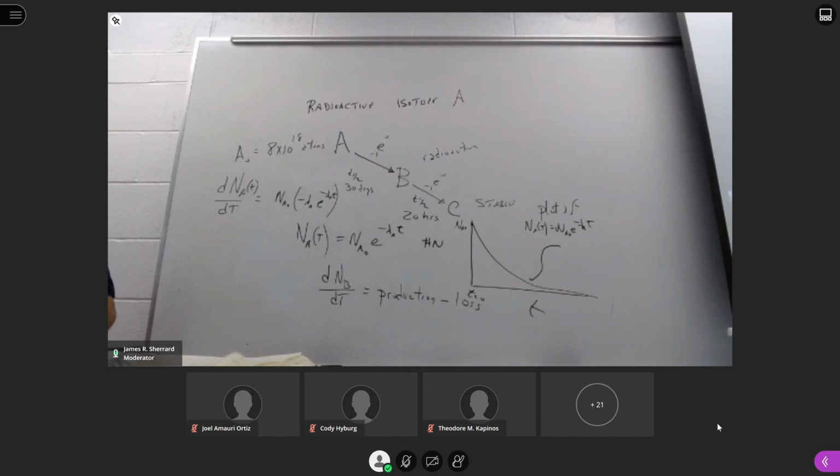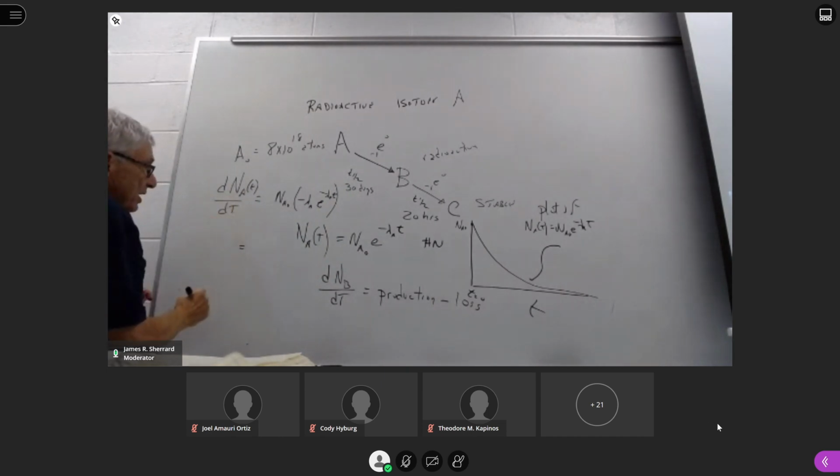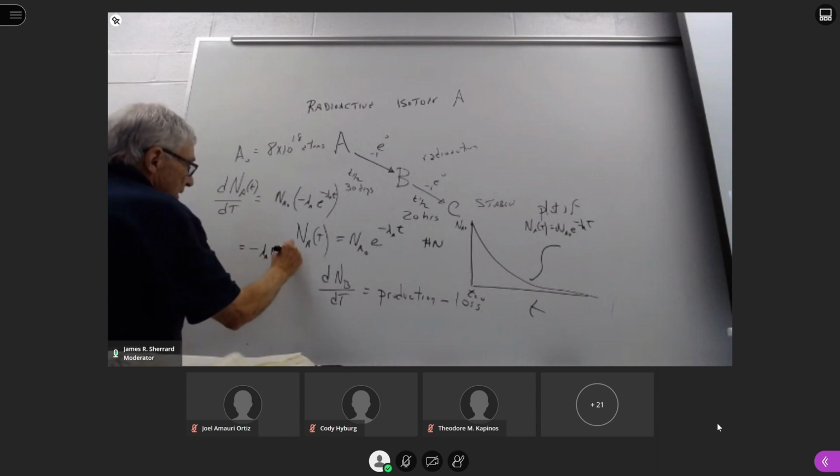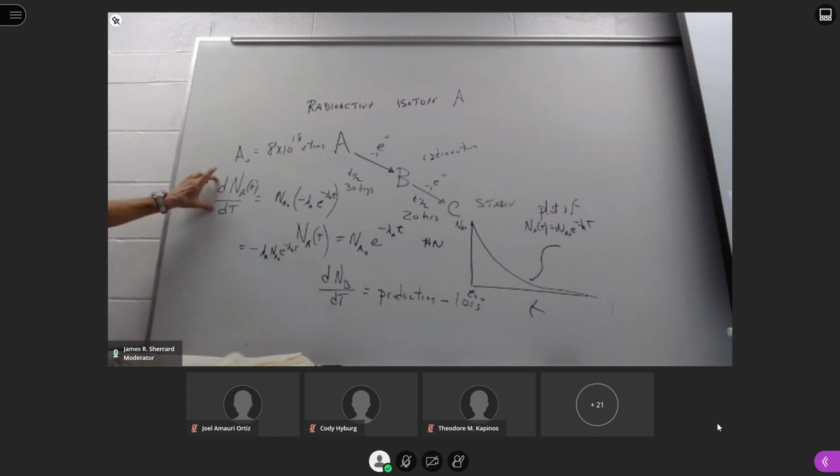You've done this before in your calculus, I hope. So what do we have here? The rate of change of A is minus lambda A NA0 e to the minus lambda AT. That is the rate of change of A with respect to time.